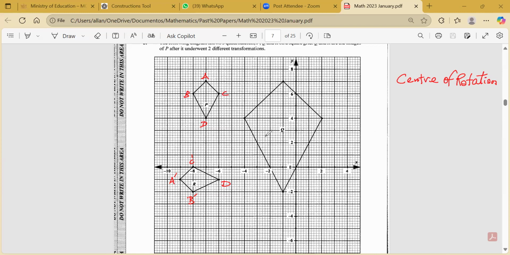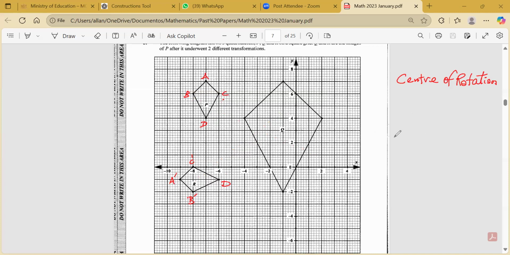To find the center of rotation, we need to bisect CD, and the corresponding would be C prime, D prime. Now, when you bisect this line, you're going to get a line. And when you bisect the other one, wherever they intersect is your center of rotation. I'm going over that again.